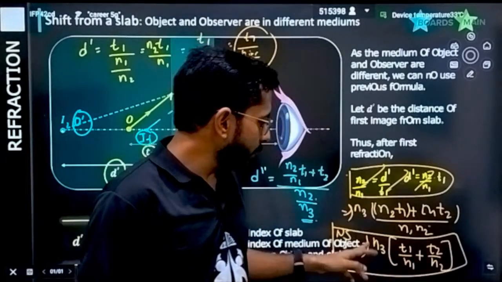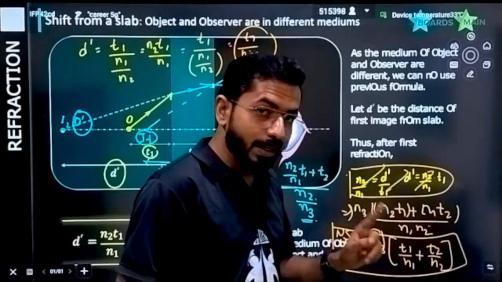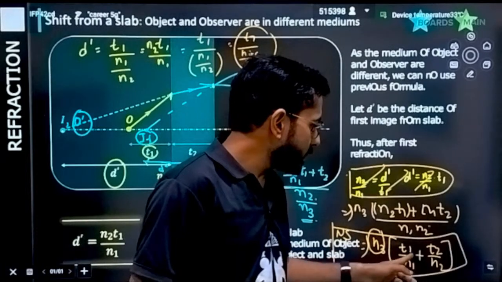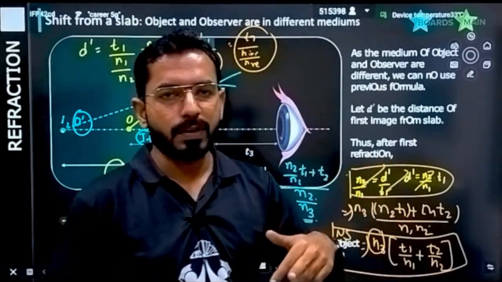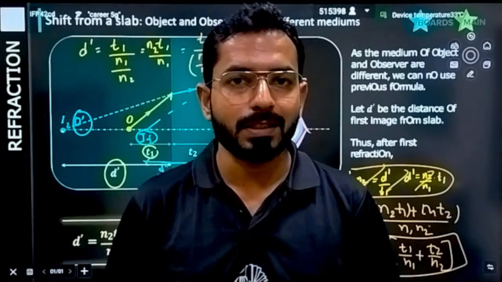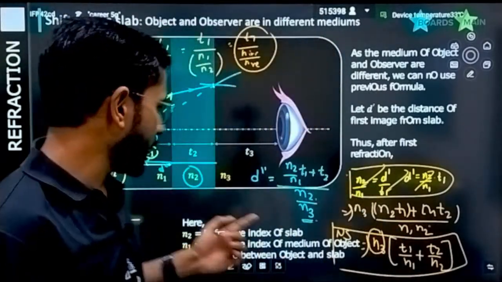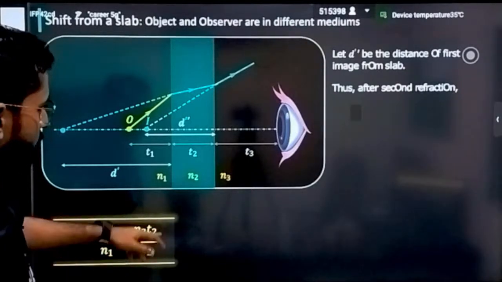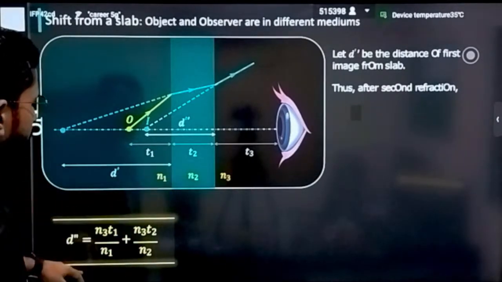I will simply write N of the medium where my eyes are present, or where the observer is present. Then I will take the ratio of thickness divided by refractive index, thickness divided by refractive index plus, and just keep adding them. This is the general result that we can derive from here. Anyway, the formula is also there to tell you. This was the complete derivation for d double dash.